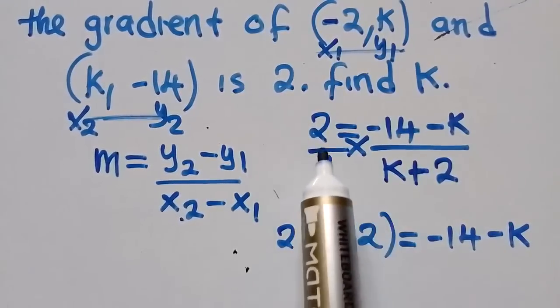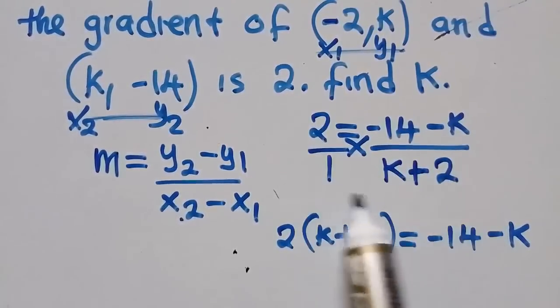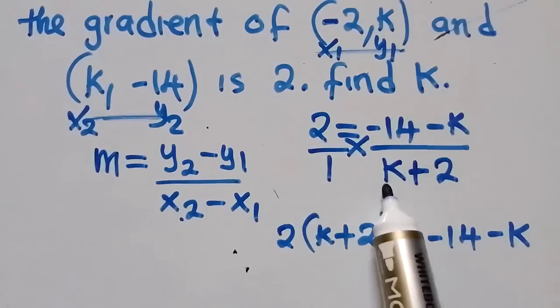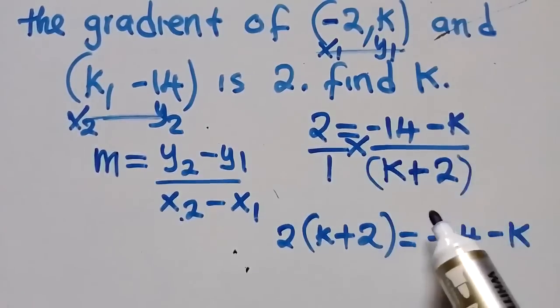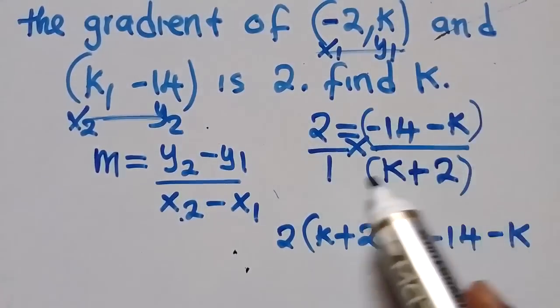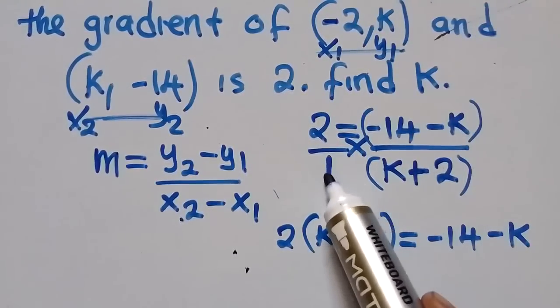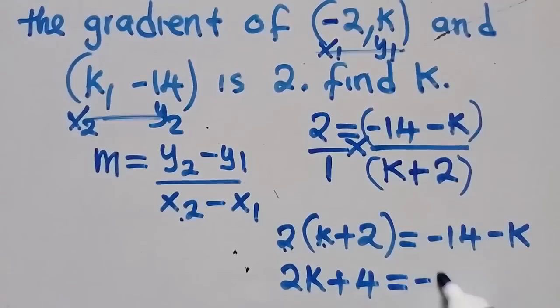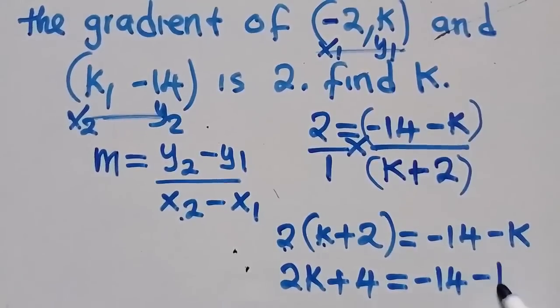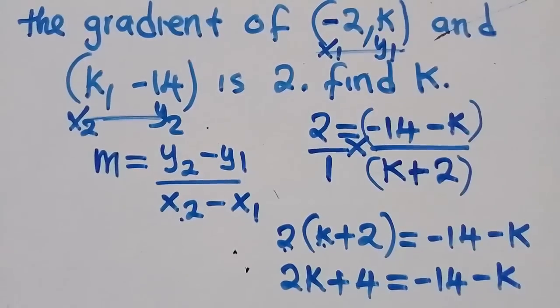Whenever you are multiplying a number with these two terms, you cannot say 2 times k then plus 2. No. You multiply with everything in the bracket, and even there you multiply with everything. So 2 times k is 2k, plus 2 times 2, that is 4, which is equal to negative 14 minus k.